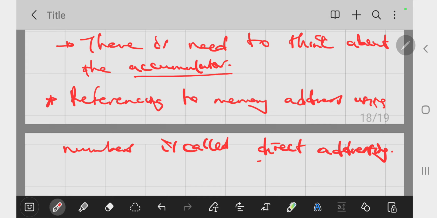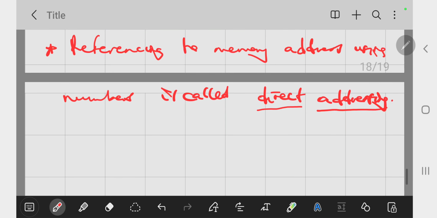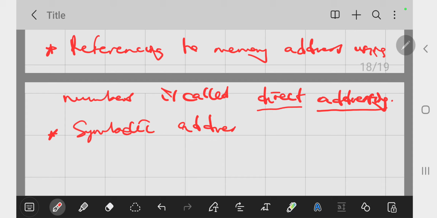But then aside from direct addressing, we also have another form of memory addressing, which is known as symbolic addressing. So this is just a takeaway if you want to know more about this. Yeah, so we can also have symbolic addressing.